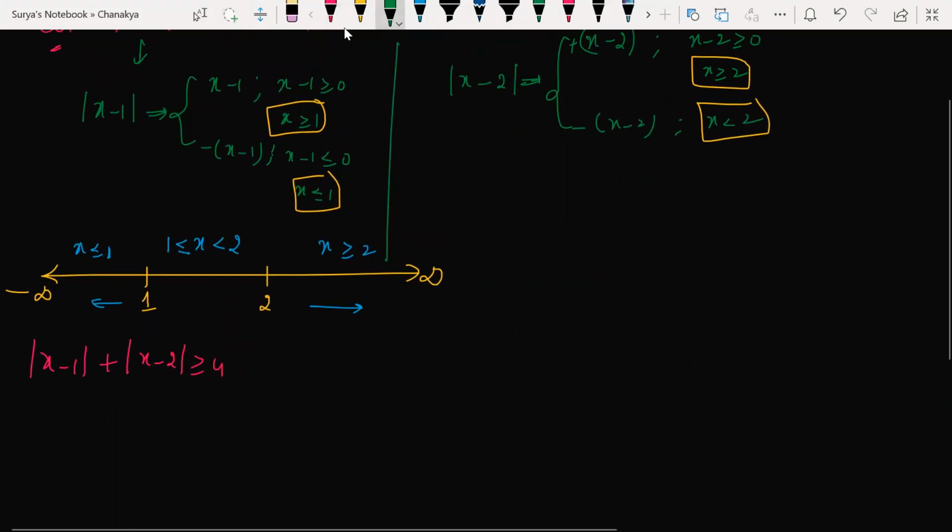Tell me, first of all, let us take the cases. What is case one? Case one, let's take x less than or equal to 1. This is case one, this is case two, this is case three.